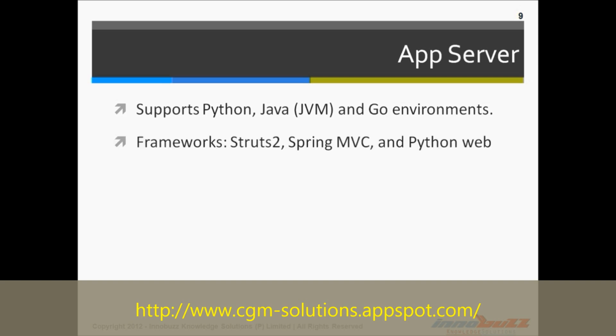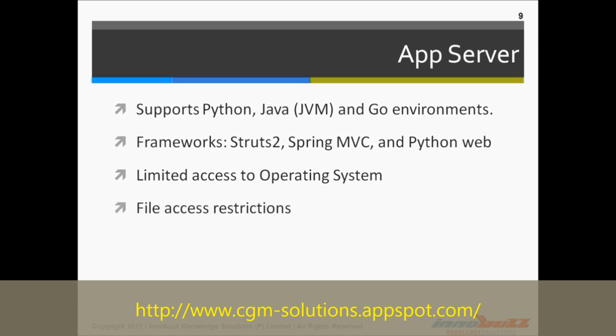It also supports Struts, Spring MVC, and Python web frameworks. There is limited access to the operating system, so your applications are more secure. File access restrictions are stricter, so other applications cannot easily access your files even though they are on cloud computing.